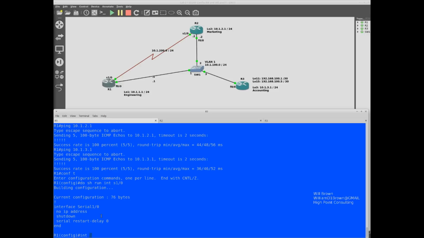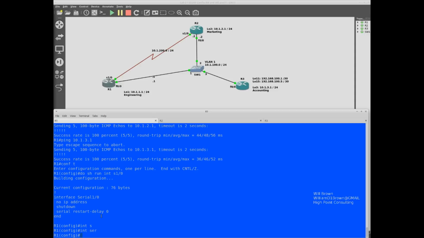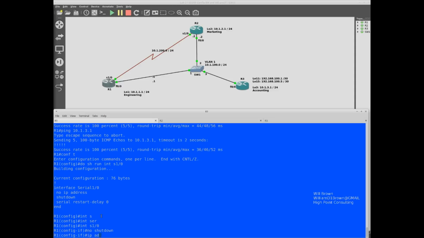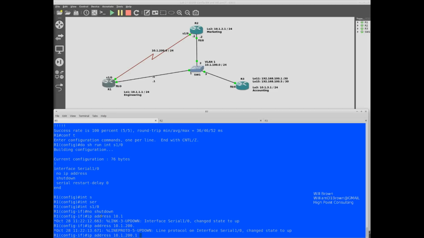So we're going to say interface serial 1/0, no shutdown, IP address 10.1.200.1 255.255.255.0.